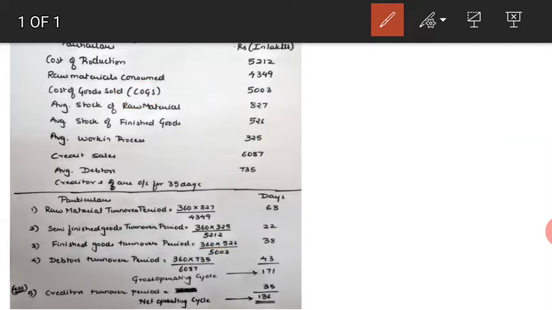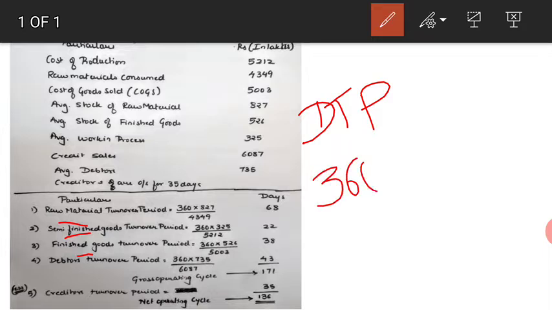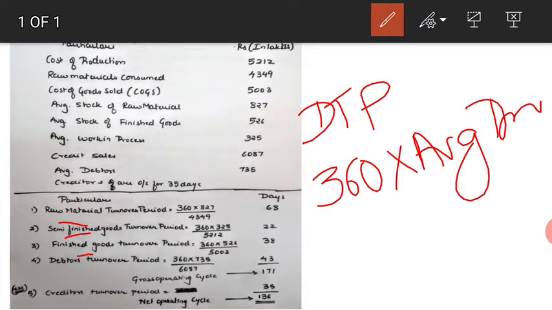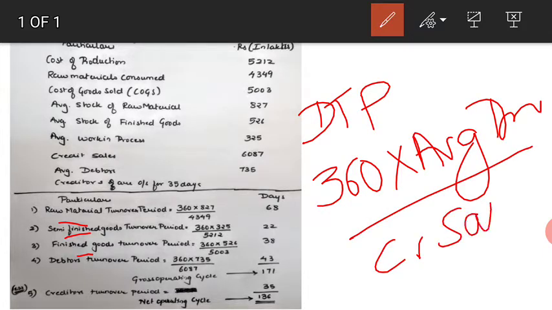Let's move ahead. After the inventory turnover periods are done, that is raw material, semi-finished goods and finished goods are done, we go ahead with the debtors turnover period. So what is the formula for debtors turnover period? It is 360 into average debtors divided by credit sales. Right? Debtors are related to credit sales. So we consider the credit sales.